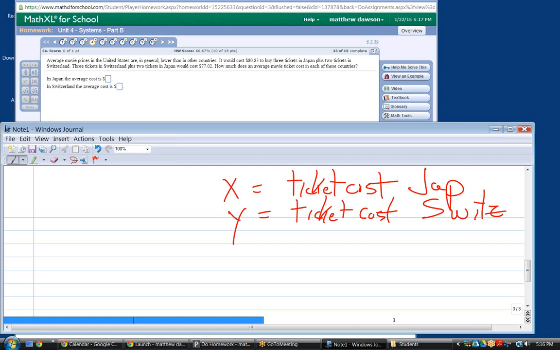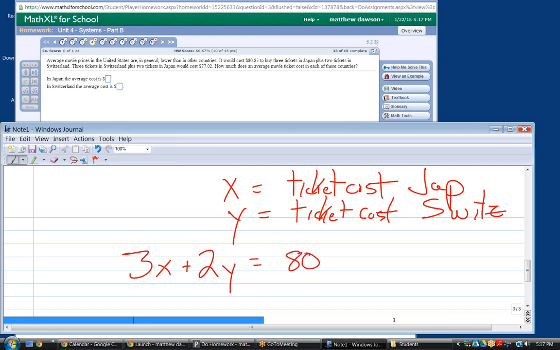So what equation can we write from the second sentence? It cost $80.83 to buy 3 tickets in Japan and 2 tickets in Switzerland. So it will be 3x plus 2y equals 80.83.